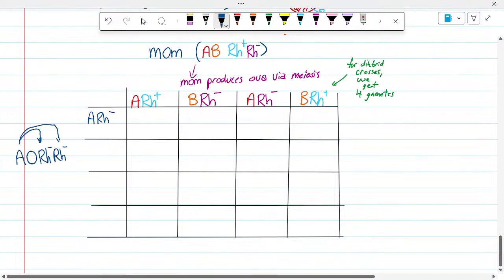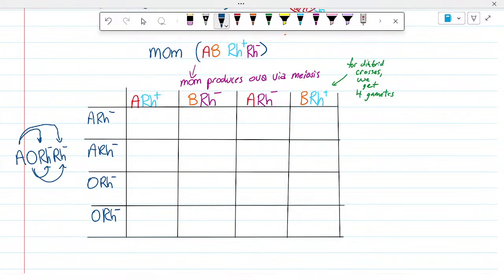Or his A will pair up with the other Rh negative. So that one is not very exciting. O can pair up with Rh negative, or O can pair up with the other Rh negative, same thing. So at least we only actually have to work out 2 rows, right? And then the other 2 rows will just be doubles of it. Does that make sense?